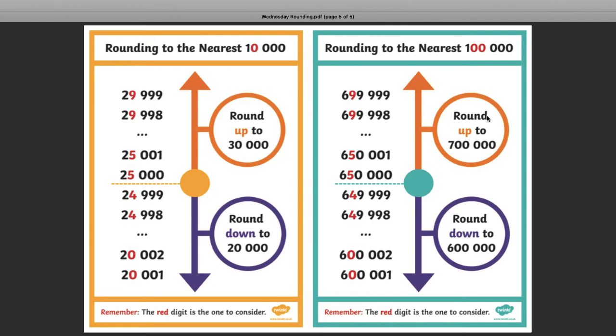10,000 and 100,000. If you are looking at 10,000, it's the thousands digit that you want to look at. So we've got the units, tens, hundreds, thousands, and that's the digit that matters when you're rounding to the nearest 10,000. Now, we've got 24,998.